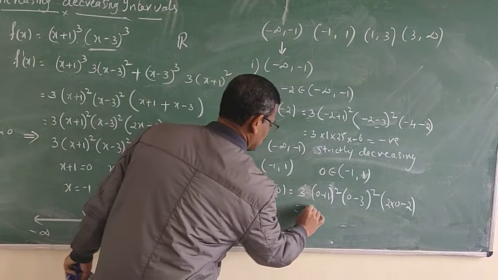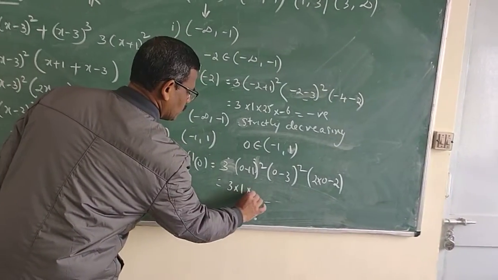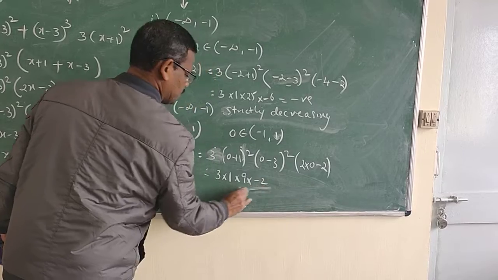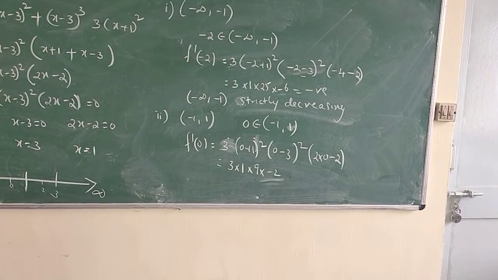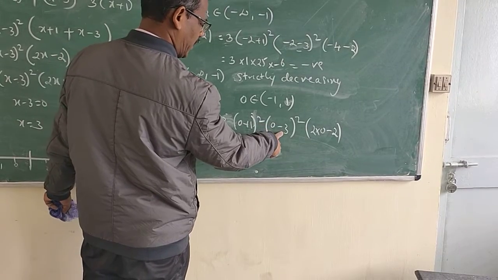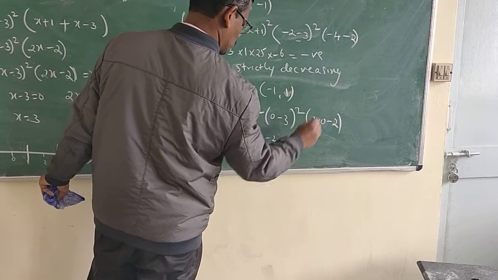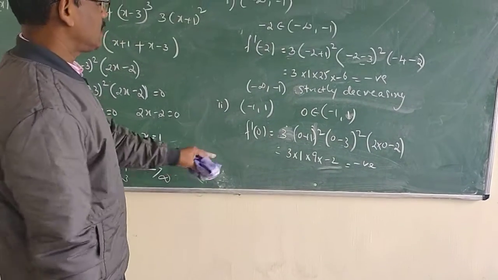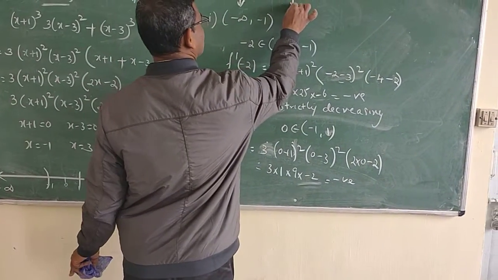This is 3 into 1 into 9 into -2, so it is also negative. That means the second one is also decreasing.